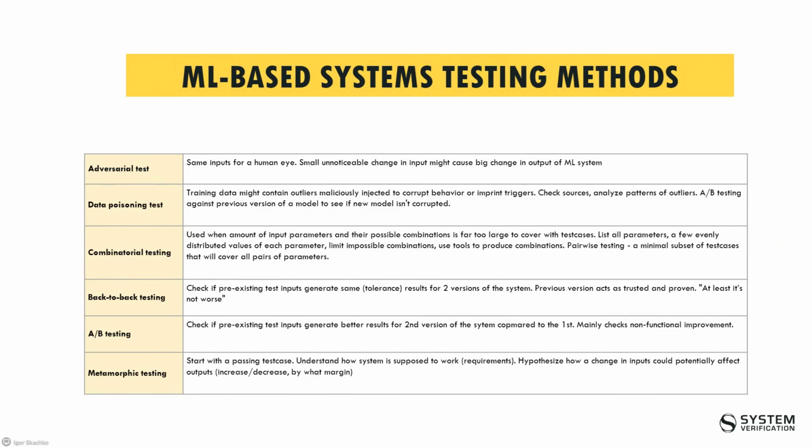A/B testing, comparison testing, proves that the data could possibly be poisoned in case we have any suspicion. Now, combinatorial testing is becoming much more important in AI-based systems as well, because the amount of input parameters, as we mentioned, might be so large that we cannot possibly cover all the test cases.